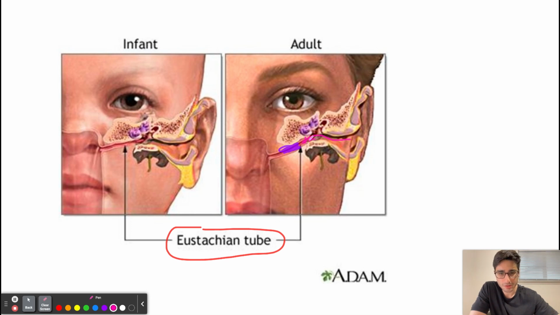As a result, we have a buildup of these secretions. Anytime a tube is blocked, we create a rich environment for bacterial growth. The important thing to know is that the most common bacteria that grows here is Strep pneumo. So Strep pneumo is one of the most common causes of otitis media.